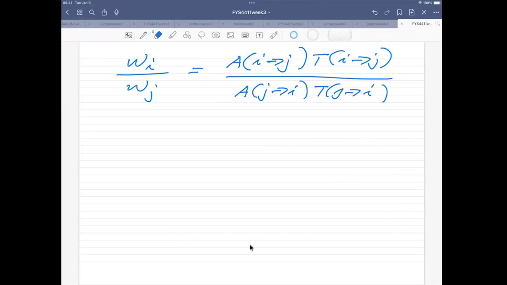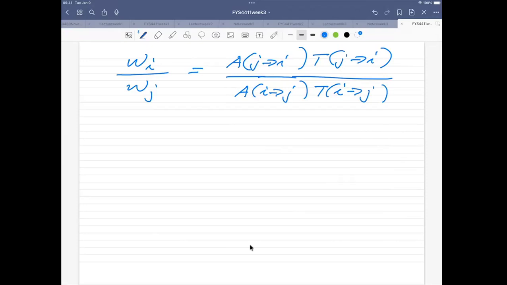Just a moment, I messed up here. Sorry for that. I was a little bit too fast with setting up the transition probabilities here. So what we have here is the probability of making the transition from J to I, multiplied with the acceptance probability of going from J to I, and then again the probability of making the transition from I to J.